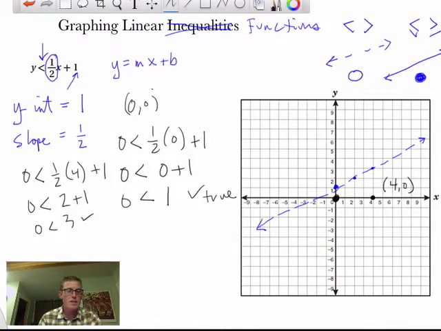What that means is I can take my marker and shade this whole area in here. All the points that are on this side of the line are going to be true. I could pick any point I wanted, and it would be true. All right, let's do one more for practice.